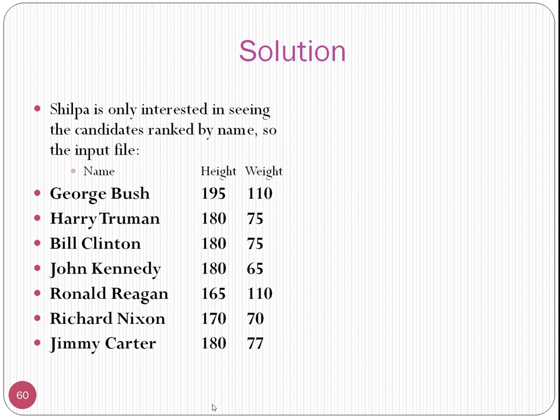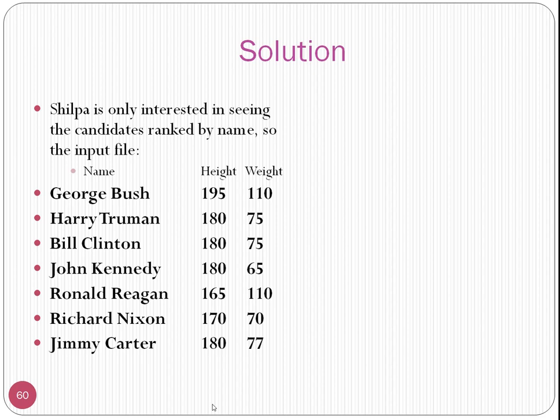Harry Truman, 180, weight 75. Bill Clinton, height is 180 and weight is 75. Likewise the list goes on.